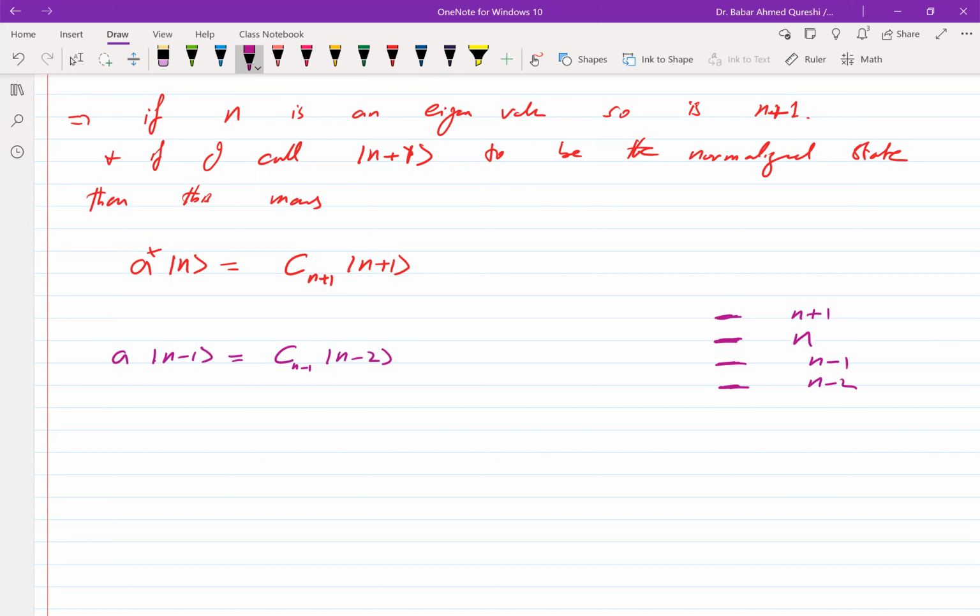Similarly, I can act on n minus 2 and get n minus 3, and so on and so forth. Similarly, I can go in the other direction.